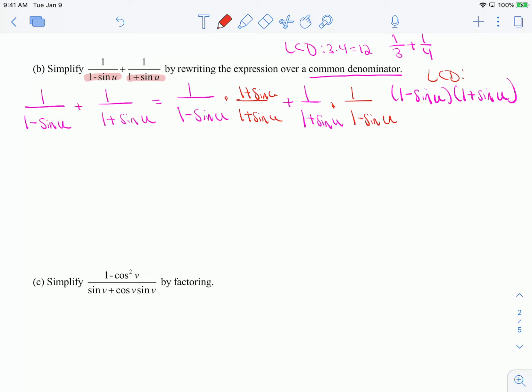Because then they have, oh, forgive me, look at what I did. This has to be exactly the same, otherwise I'm changing the problem. So remember that this value here does not affect it, neither does this, because you're really multiplying just by 1. And that's really important. I can't change the expression.